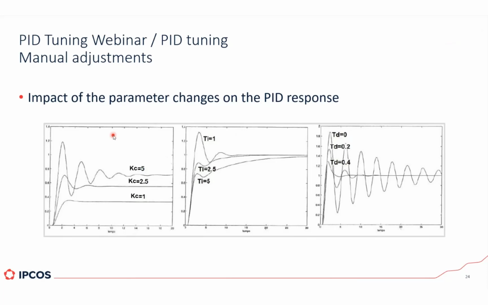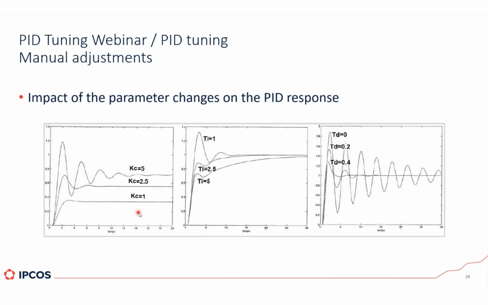Okay, so we know the process and we have computed the tuning parameters, but in the end we always need to do some manual adjustments. So we need to change the gain, the integral time or the derivative time, so we can have a response that is more or less the response that we want for that loop. For example, if we want to reduce oscillations, what we can do is reduce the gain, right?